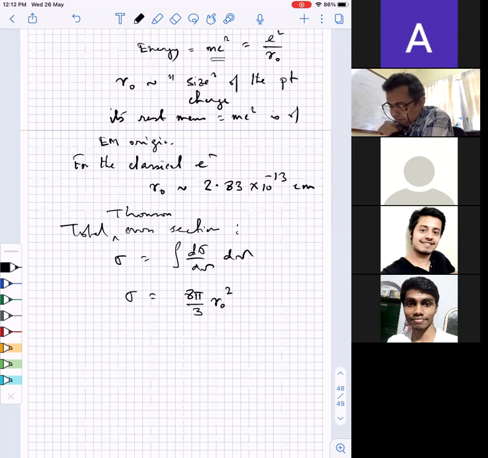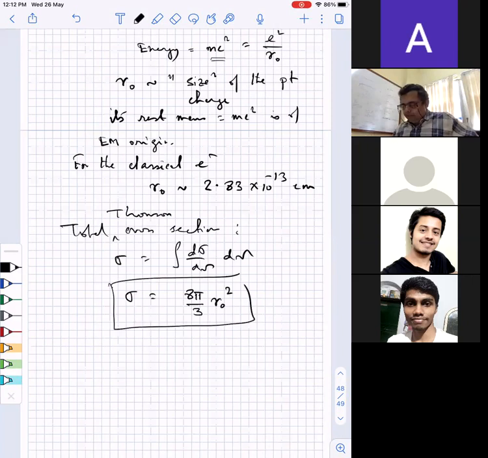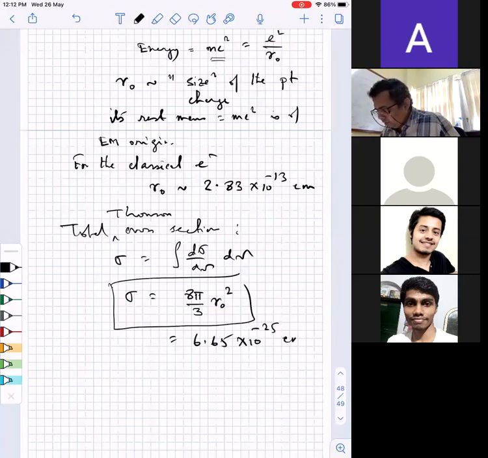Again, this is an important relation, often used. And this is basically 6.6 × 10^-25 centimeter square. This is an important number to keep in mind. So for electron scattering, this is the most important number.